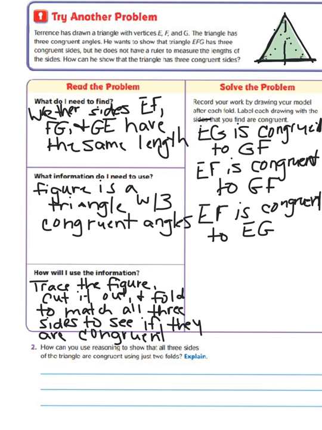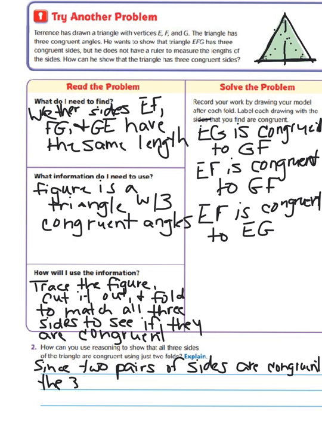Well, since 2 pairs of sides of the triangle are congruent, the third pair are congruent, since they have related sides.